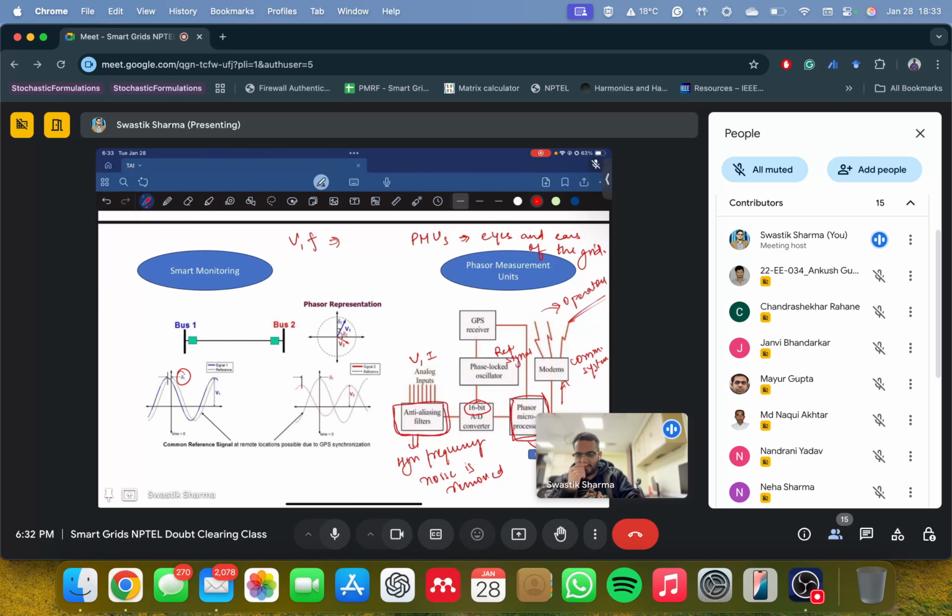Earlier there were control centers at each and every location to monitor what is happening at a particular grid station. Now you don't require that manpower, because PMUs can transmit centrally to a centralized location. PMUs can help you in many ways, but their only purpose was developed for real-time monitoring.